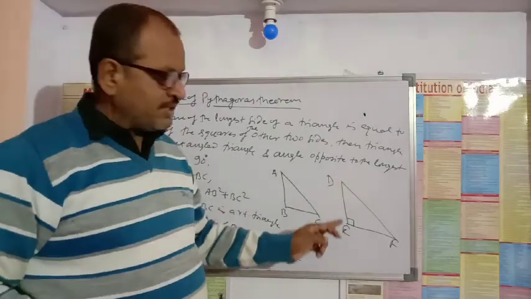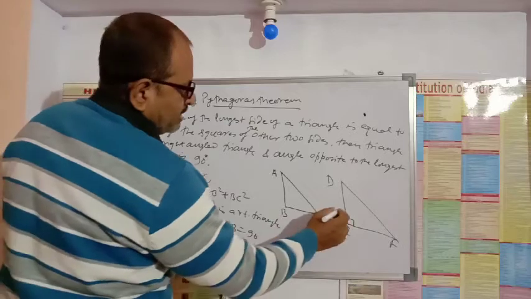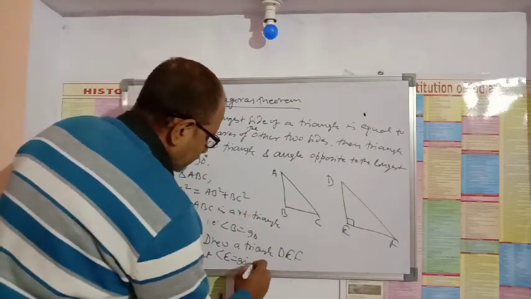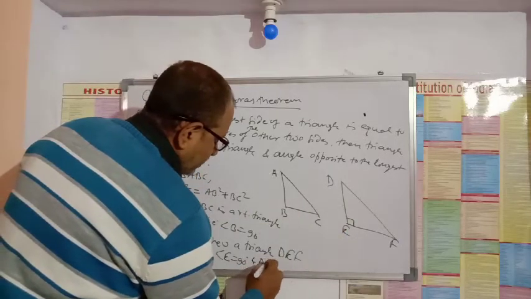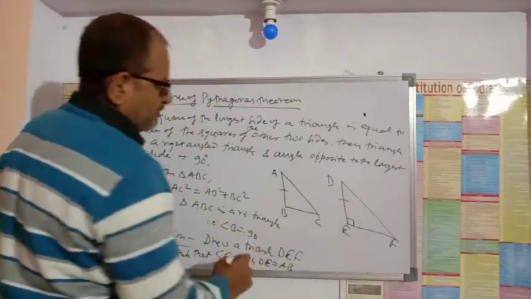We have taken another triangle DEF such that angle E is 90 degrees and DE is equal to AB.